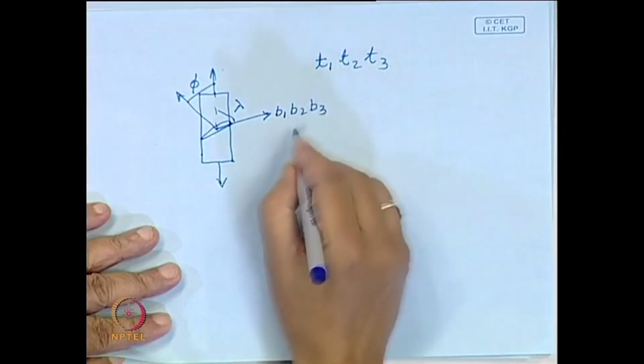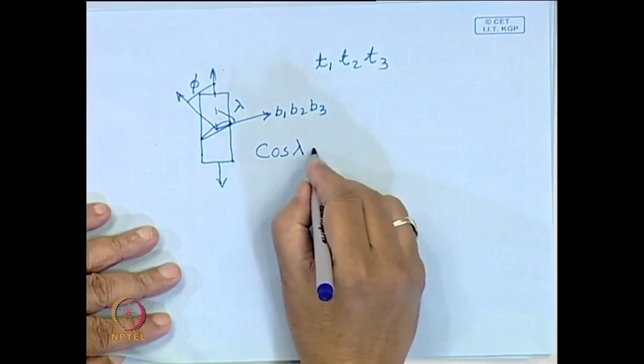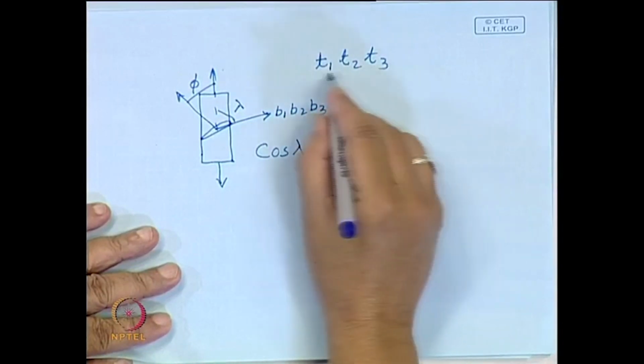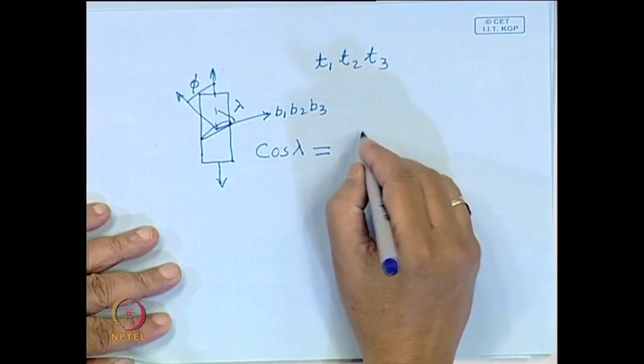So, what you need to do? You have to estimate cos lambda, and cos lambda is given by, this is a unit vector, and this also, let us say, is a unit vector in this direction, the tensile axis.